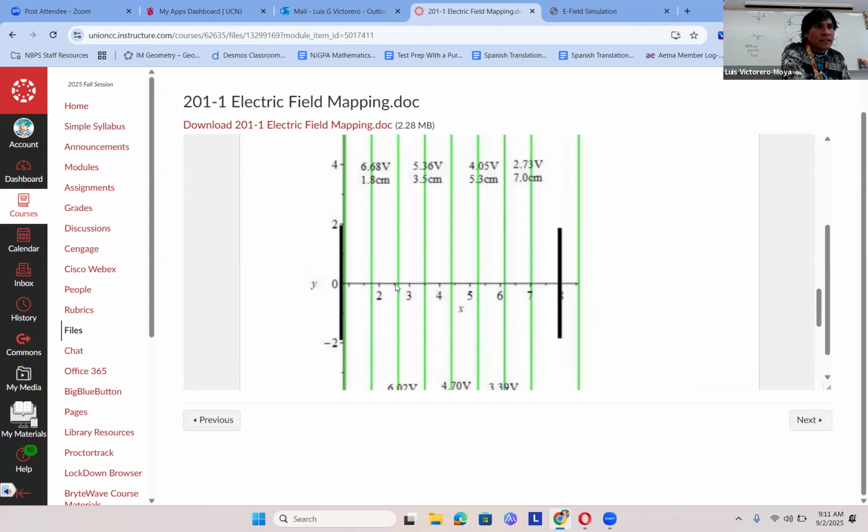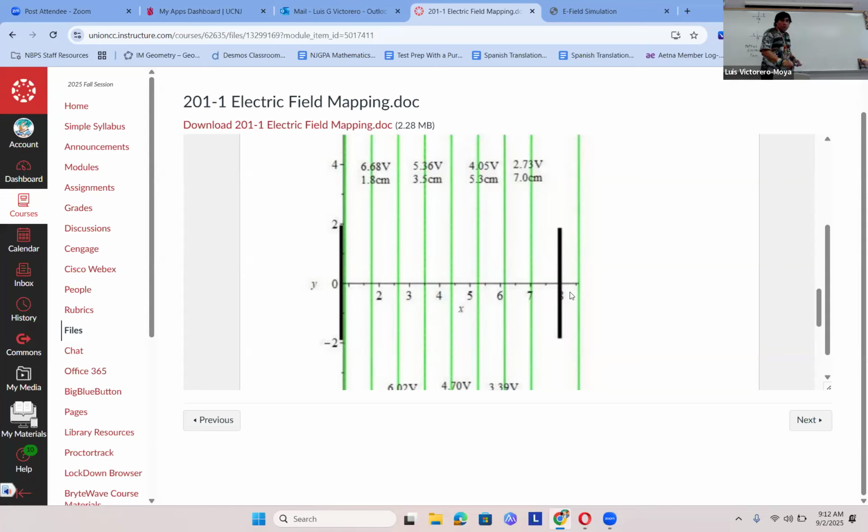Basically here, we're going to find the electric field at 2.6, right? We're going to use these values. I'm going to draw them on the board, and let's find the value for the electric field.